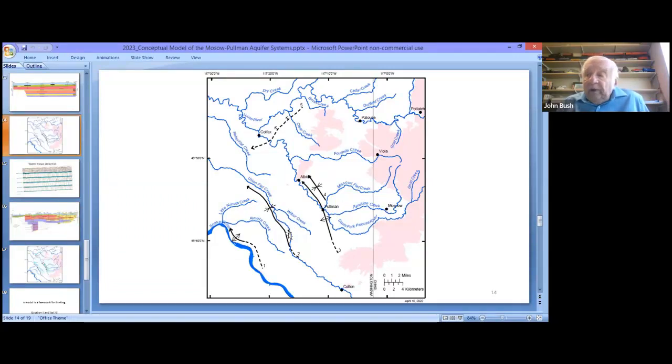The fact that they are similar water levels tells us that they're connected to the Moscow-Pullman Basin. It helps define what we call the hydrological basin, what we call the Palouse Basin. But the fact that two wells have similar water levels does not tell us anything about the nature of the connection.